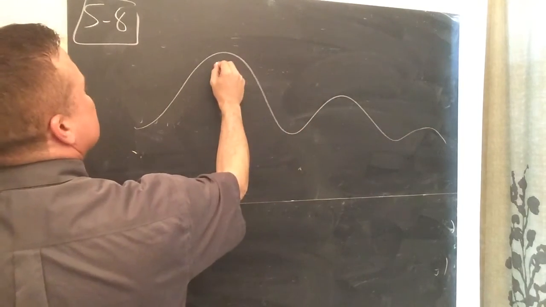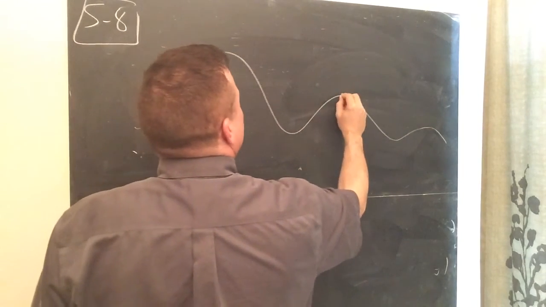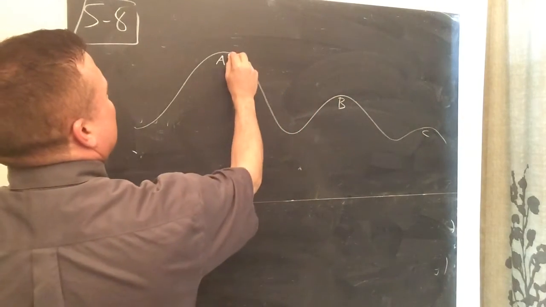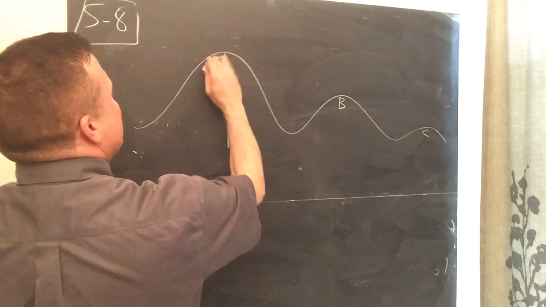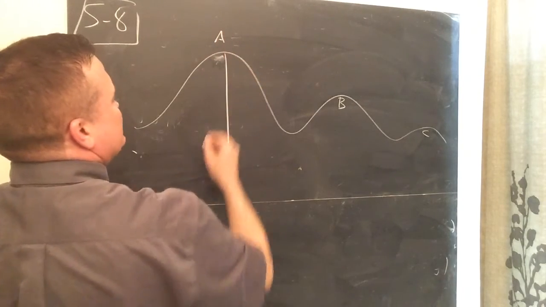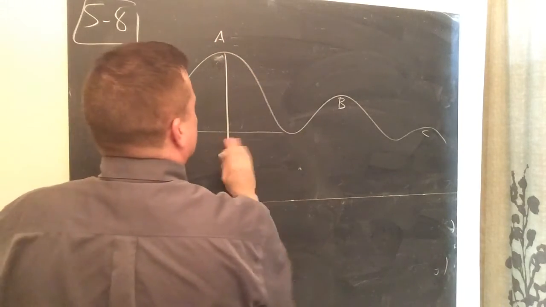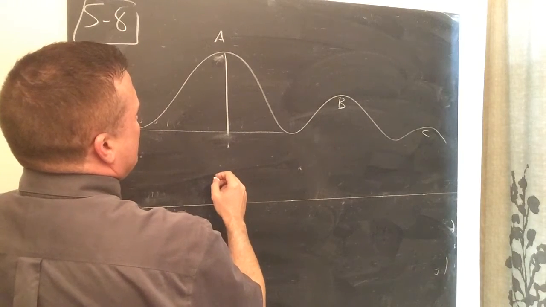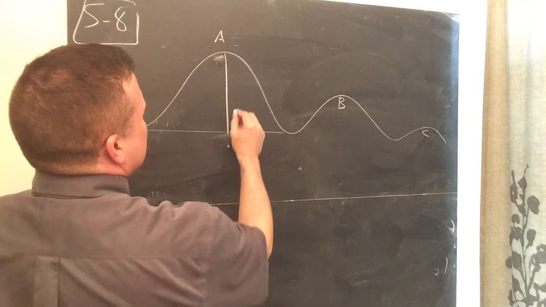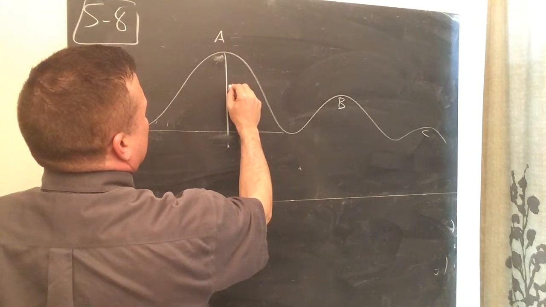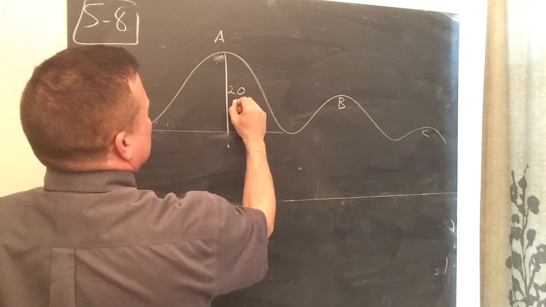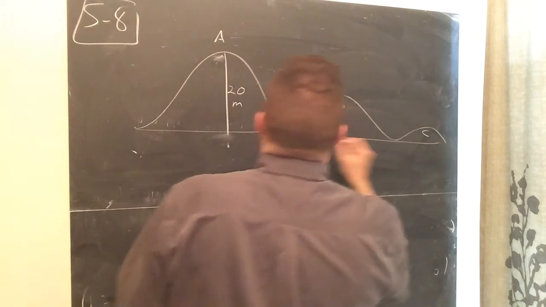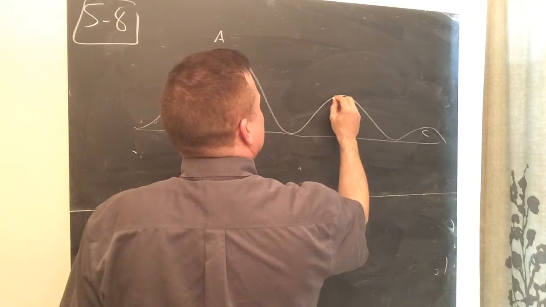Let's just say this is A, this is B, and this is C. Let's say the height of A is 20 meters. Then the height for B looks like half, so we'll say it's 10 meters.